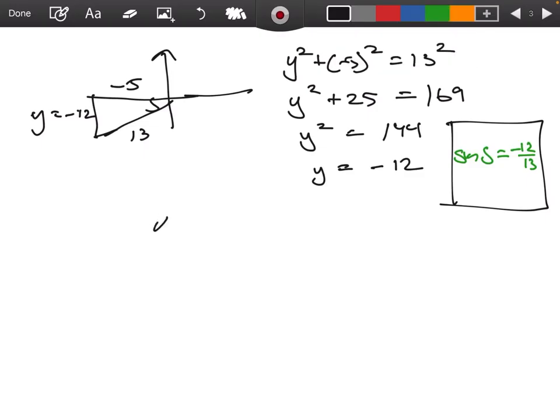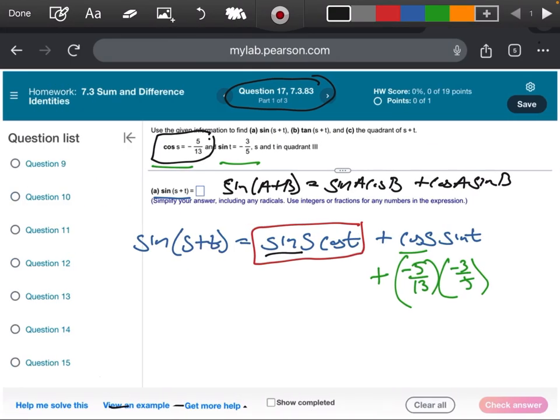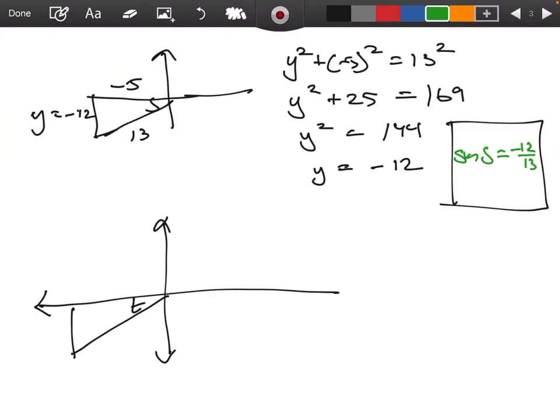Now, y'all, I'm going to do the same thing here. I'm going to draw a picture. We've got another triangle in the third quadrant, t. We know the sine of t is negative 3 over 5. So this is negative 3, this is 5, and we don't know our x value. We can find it, though.